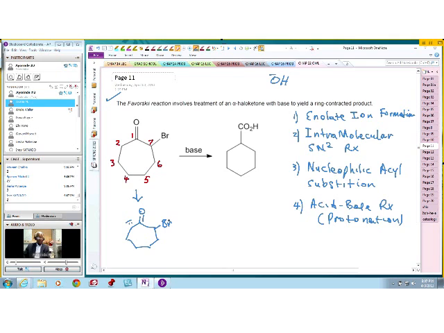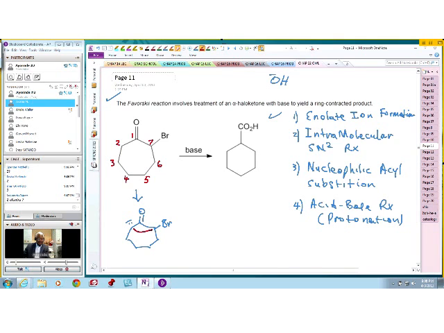Bromine is here. Okay, now step 2. What is going to happen in step 2? So far we've done this. I say intramolecular SN2 reaction. What do you think is happening? Okay, 2 attacks 7. Excellent. That is what we mean by intramolecular, because the nucleophile and the leaving group are in the same molecule.